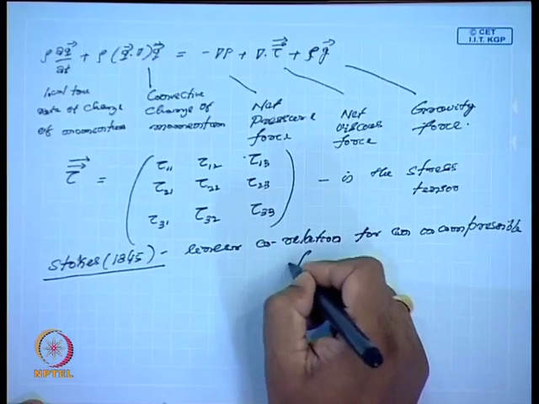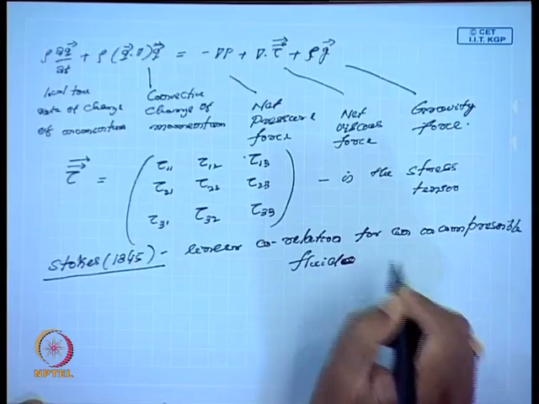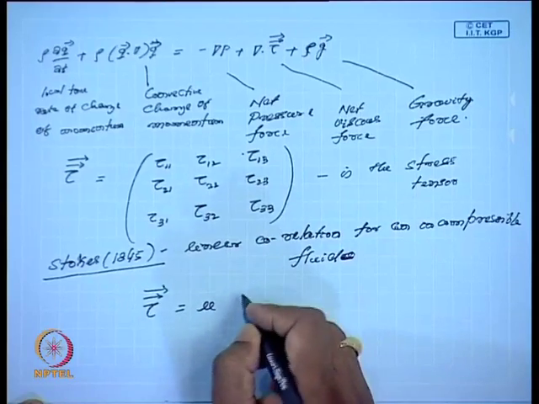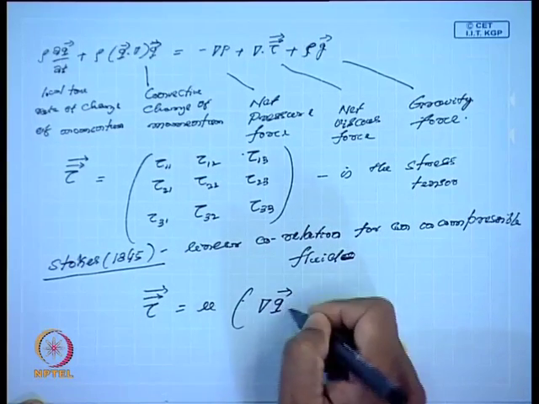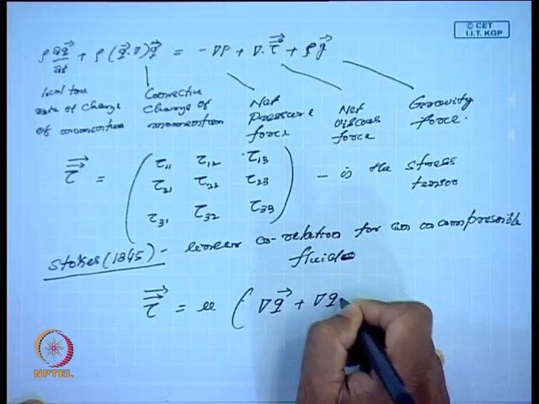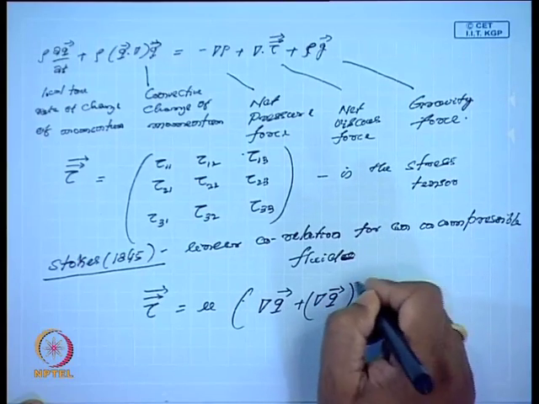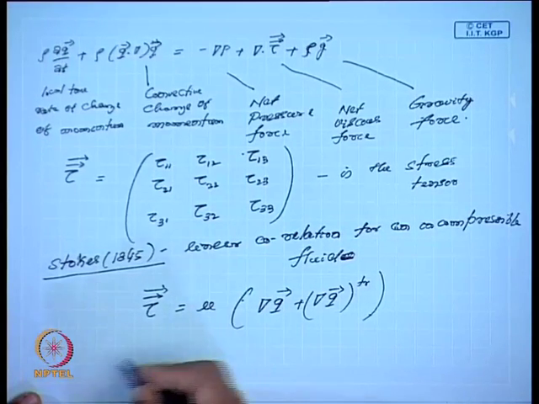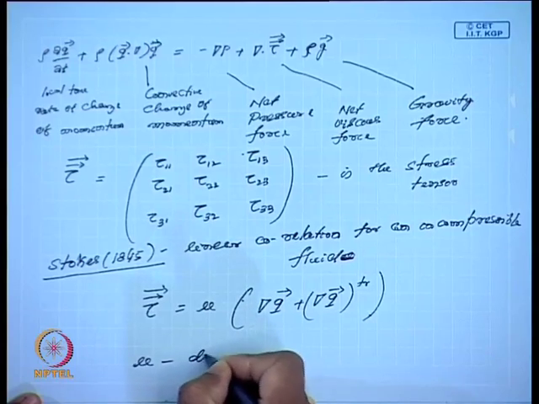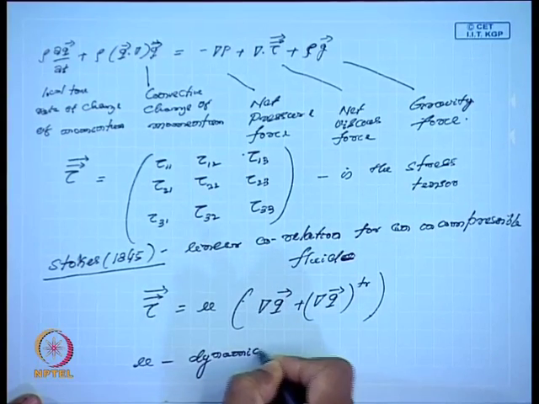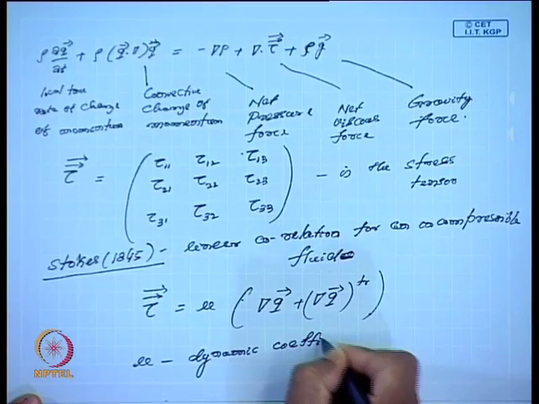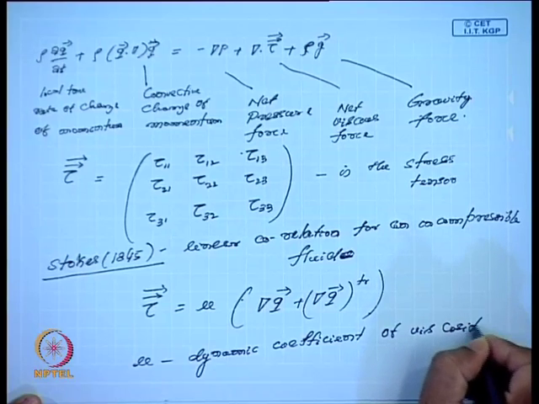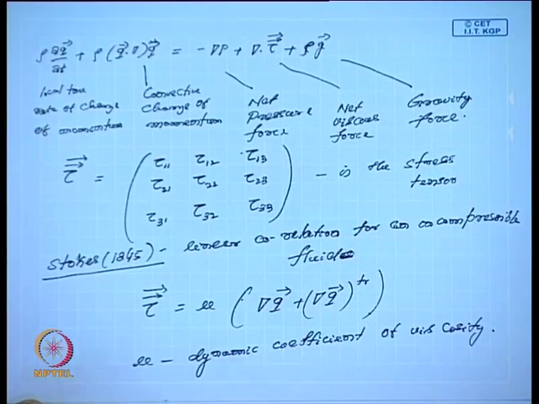Stokes' postulate was tau double bar equal to mu times grad q bar plus the transpose of grad q bar, where mu is the dynamic coefficient of viscosity of the fluid.